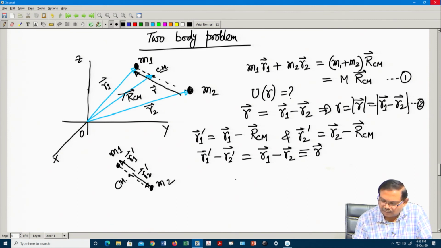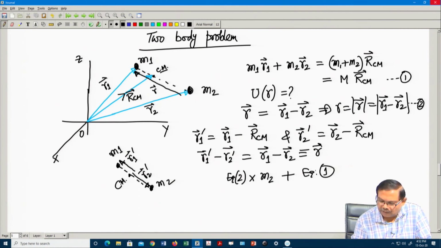So, let us do that. Let us multiply equation 2 by m2 and add here. So, equation 2 times m2 plus equation 1, what do we get?